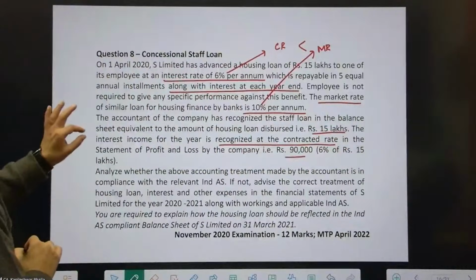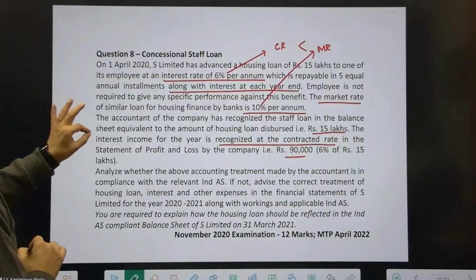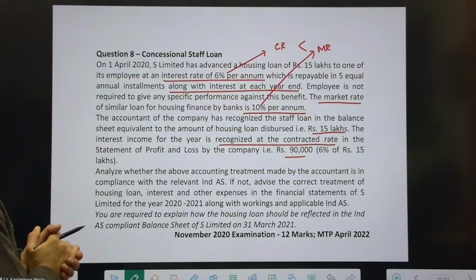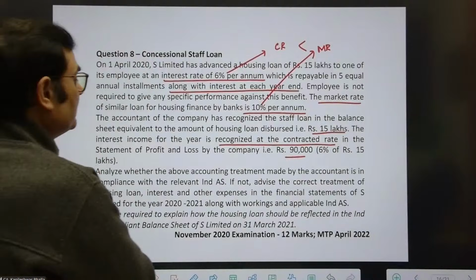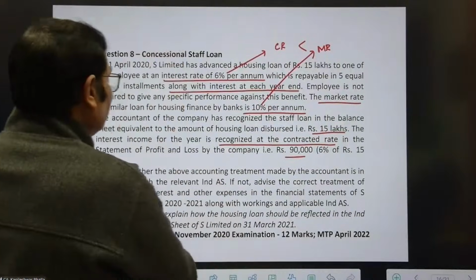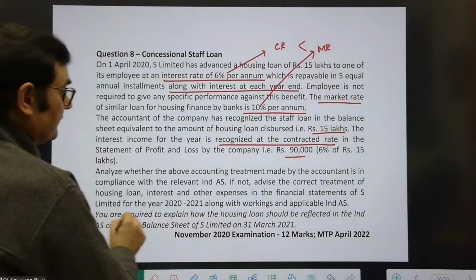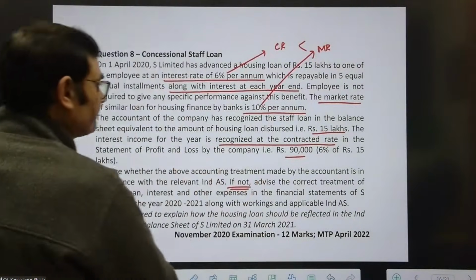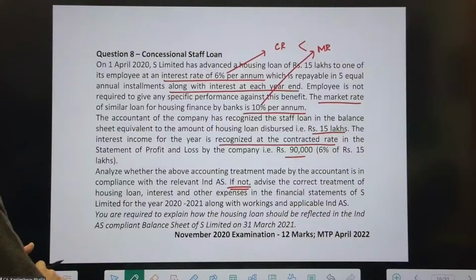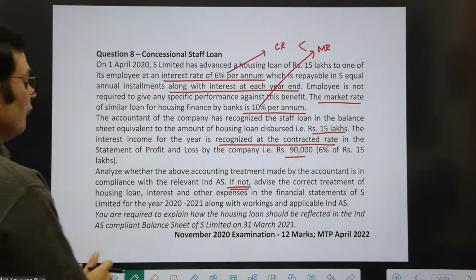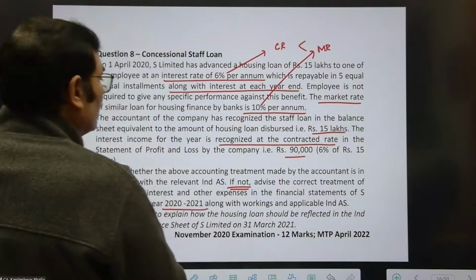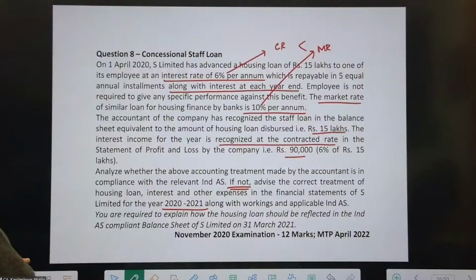So the value of the asset is incorrect and the value at which the interest is captured is incorrect. Analyze whether the accounting treatment made by the accountant is in compliance with the relevant Ind AS. Then he says, if not, advise the correct treatment of the loan, interest and other expense in the financial statements for the year 2021, along with the workings and applicable Ind AS.